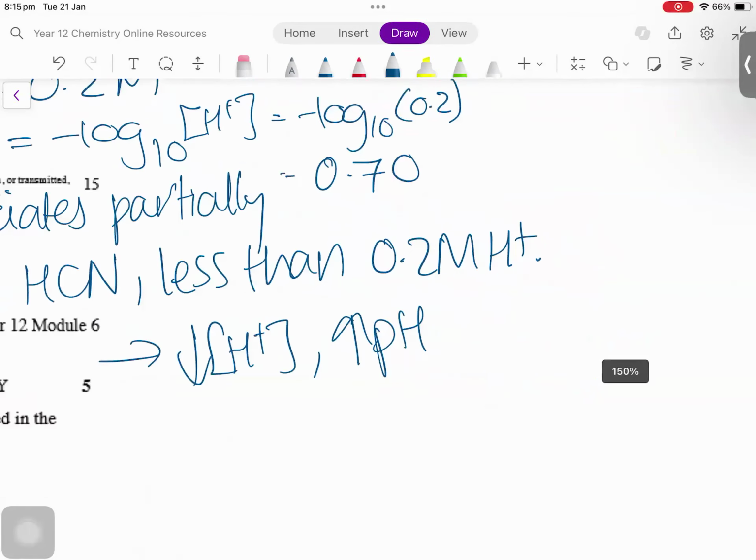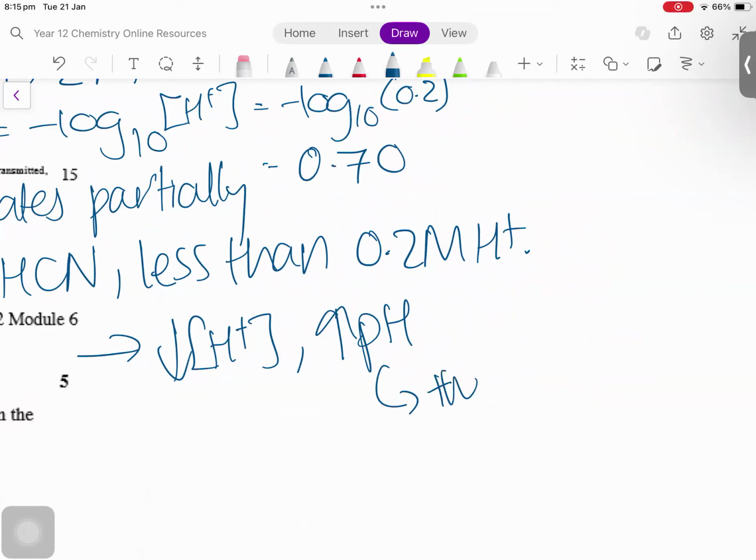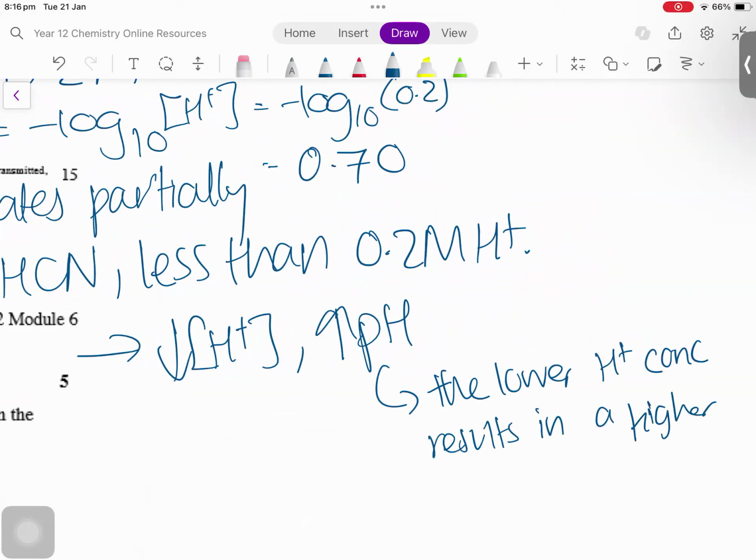So I'm doing this in note-taking form for you, but in an exam context, you could say something like, the lower H plus concentration results in a higher pH. And then once again, if you can be specific, be specific. What was the pH? 5.